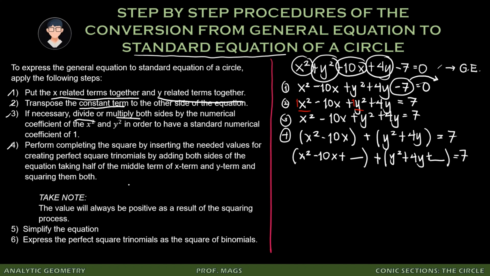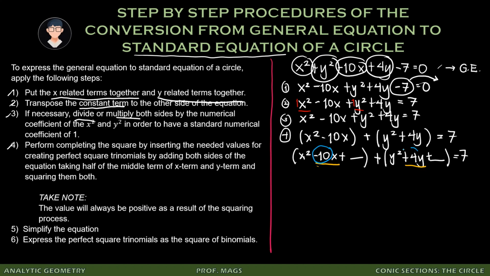So, sabi dito, dun sa completing the square, we have to take the half of the middle term. Ano ba yung middle term natin dito sa x term? Itong negative 10x. Dito naman sa y term, ang middle term natin ay positive 4y. So, kailangan lang natin dyan ay coefficient ng middle term which is dito ay negative 10.